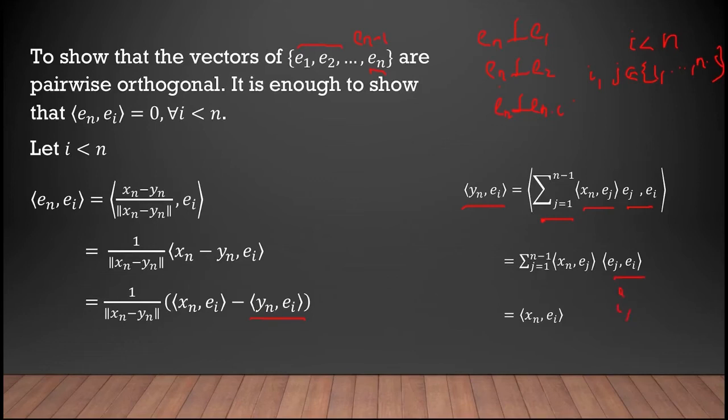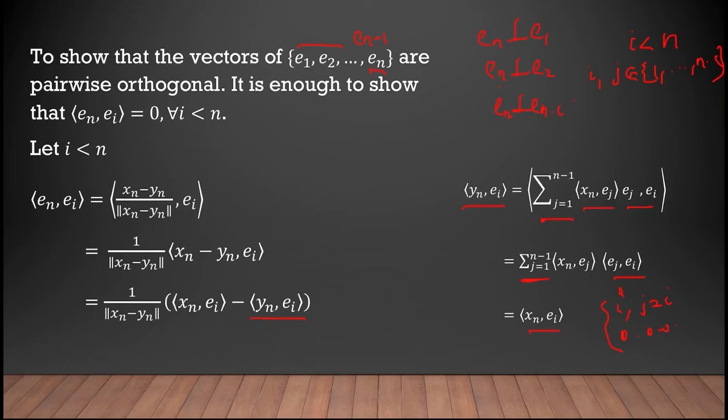pairwise orthogonal. Okay, so the inner product of ej, ei is equal to 1 if j is equal to i, 0 otherwise. So in this summation, only one term will survive, that is when j is equal to i, we may have a non-zero quantity, otherwise all other terms are 0. When j is not equal to i, all other terms are 0.